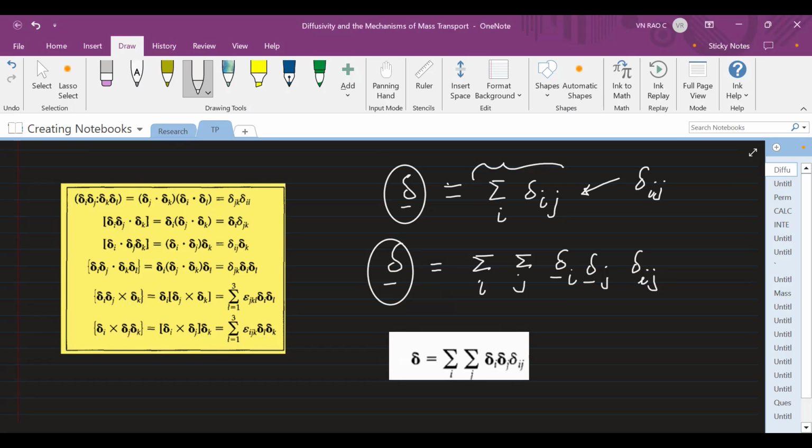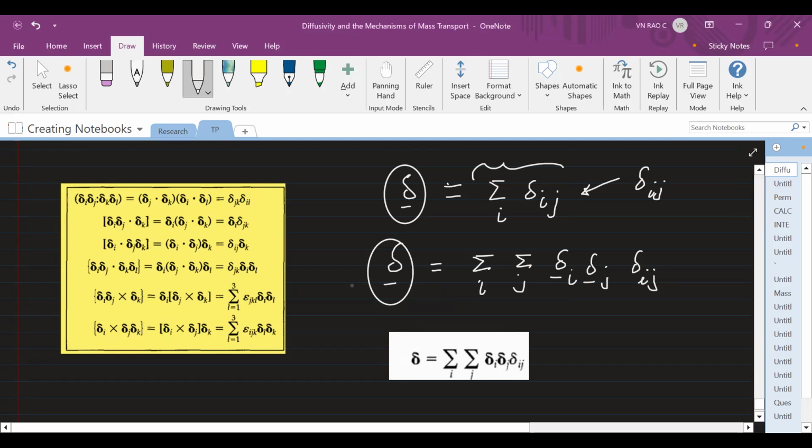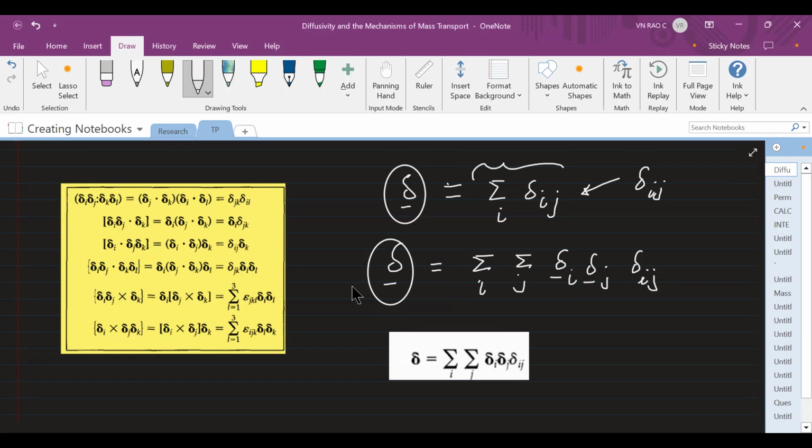But what is a unit tensor? See, if the components of the vector are given by the Kronecker delta ij, then I call this a unit vector.